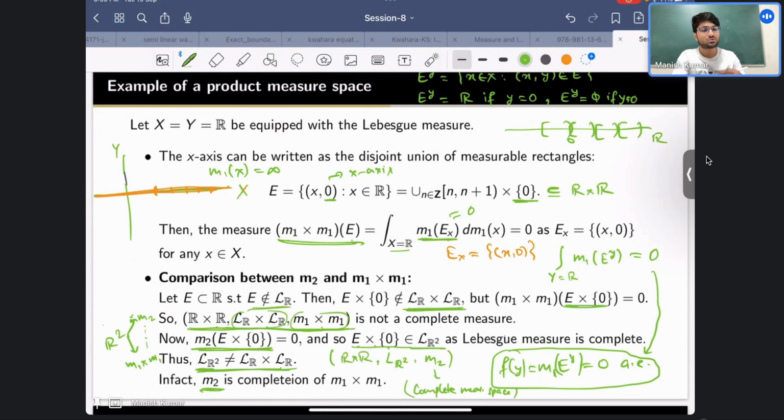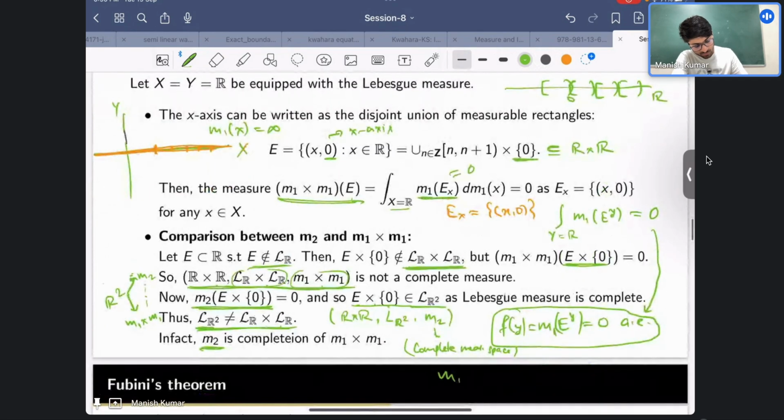So you start with M1 cross M1 with the sigma algebra LR cross LR, and if you start completing it, completion means you are putting some null sets in it. This M1 cross M1 will be equal to M2 on the set LR cross LR, you can show that.